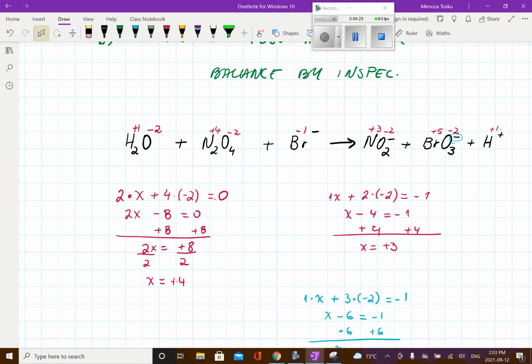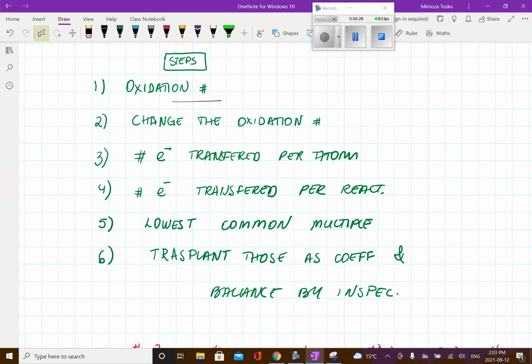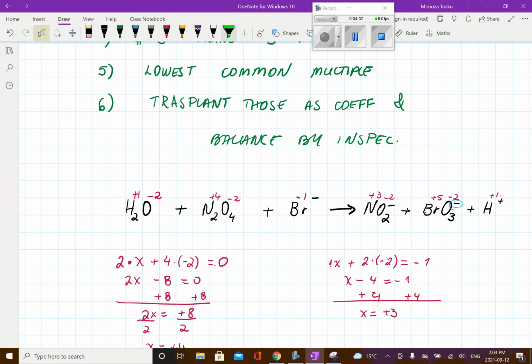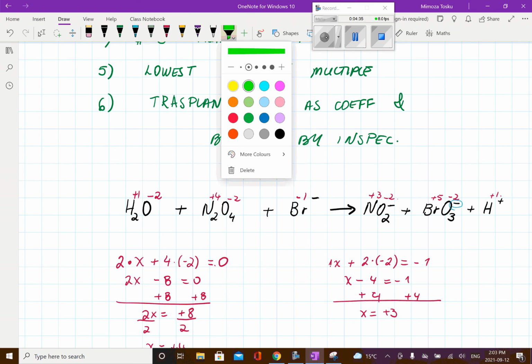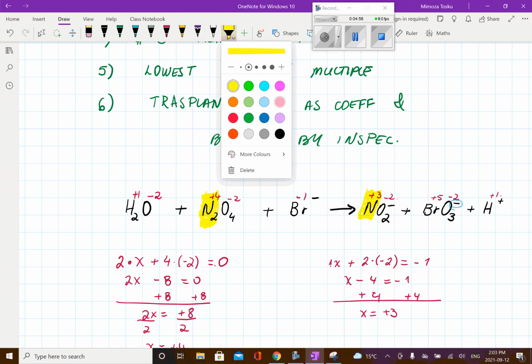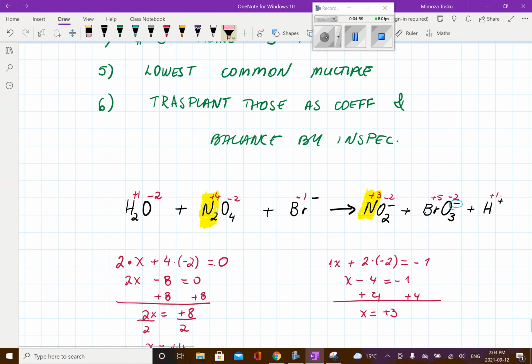Okay, so now the second step will be to identify which ones are changing the oxidation number. So the ones that are changing the oxidation number are nitrogen, that is going from +4 to +3. And the next one that is changing the oxidation number is bromine, that is going from -1 to +5.